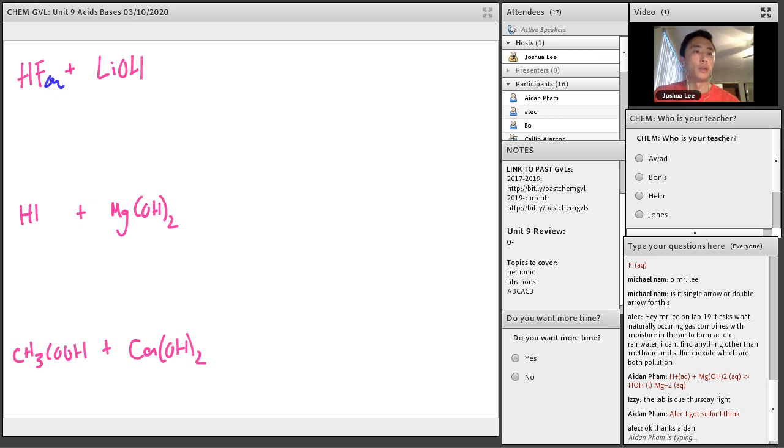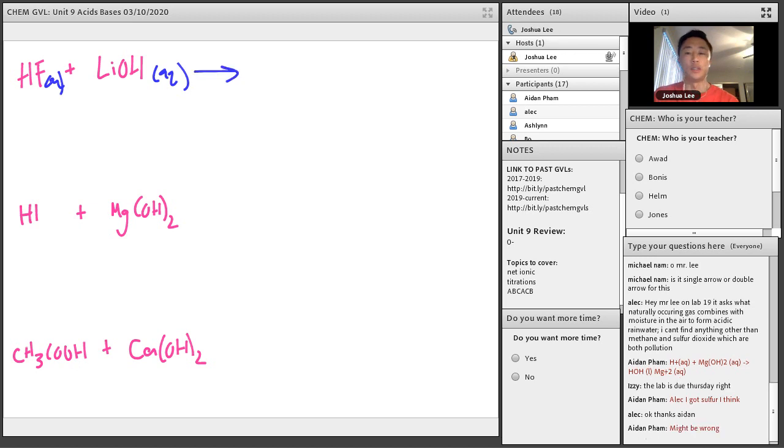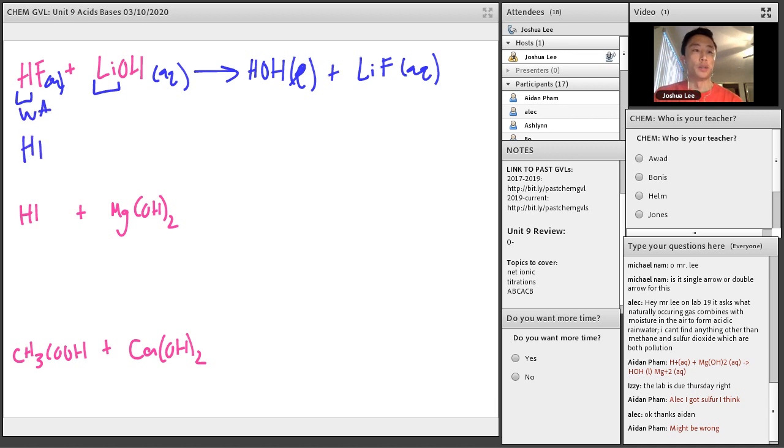We could just write aqueous, aqueous, and then we just double displace. So H is going to replace the Li. So we're going to get HOH in liquid. And then what's going to be left over is LiF. HF is a weak acid, so we're not going to break it apart. So HF stays together. LiOH is a strong base, so we're going to break it apart.